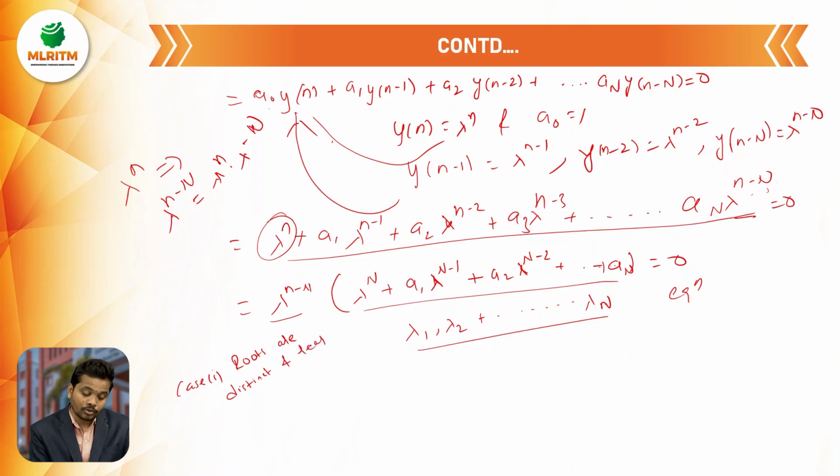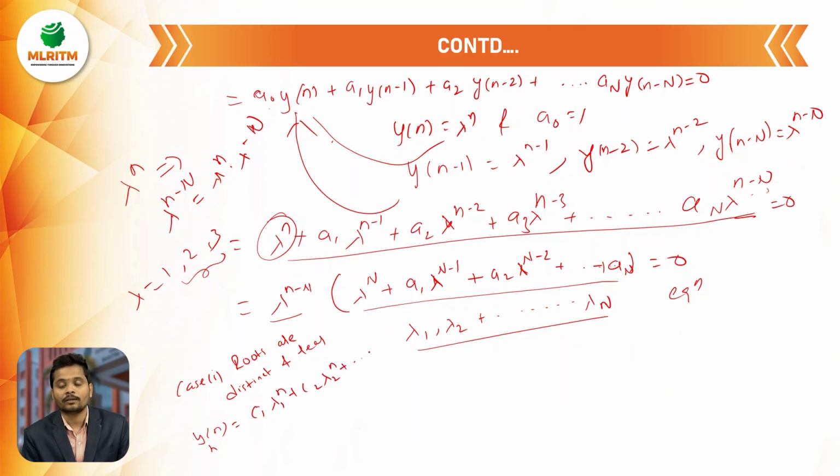Suppose lambda equals 1, 2, 3, these are real roots, but distinct means different roots. For that, yh of n, the homogeneous solution, equals c1 lambda 1 power n plus c2 lambda 2 power n plus so on, because lambda 1 and lambda 2 are different solutions.